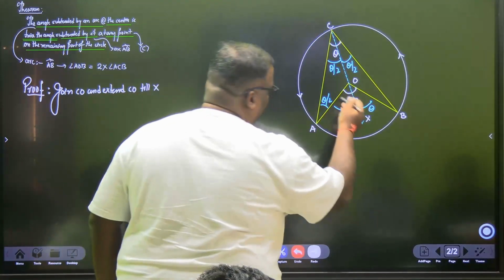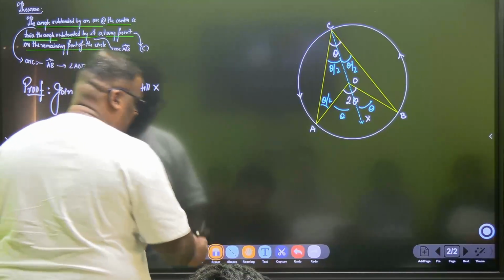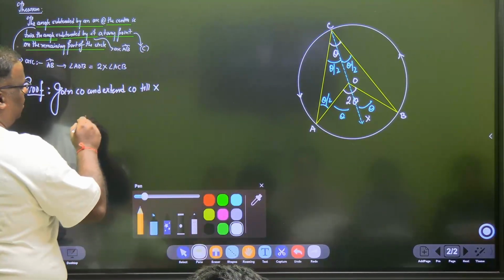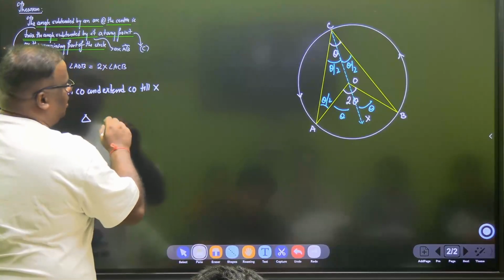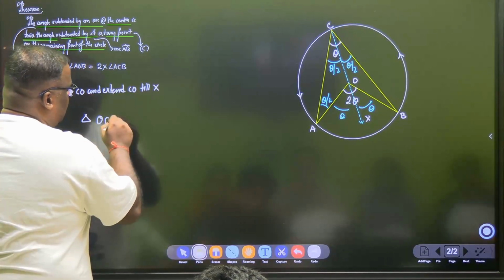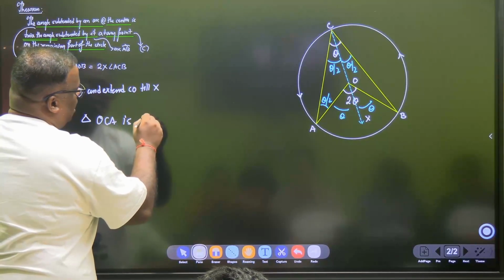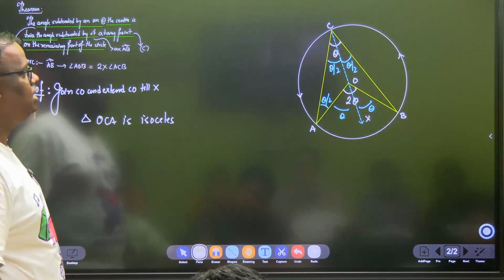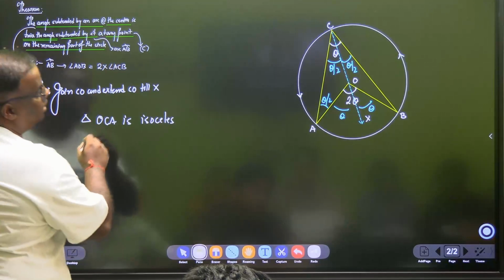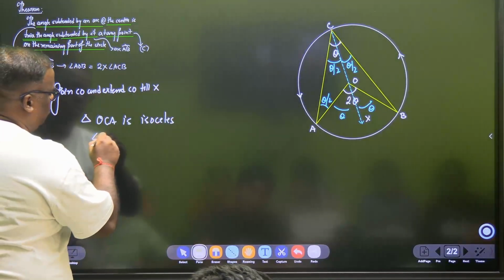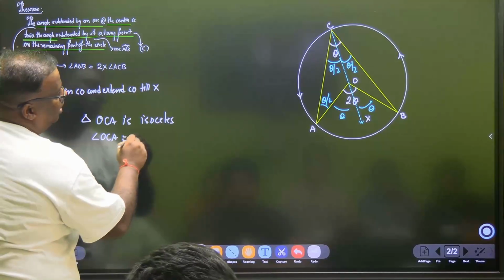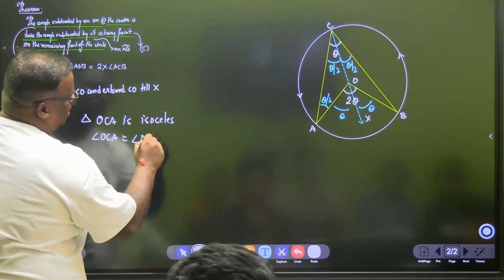Let us see how this proof comes up. Can I say, children, that triangle OCA is isosceles? Can I say that this is isosceles? If that be the case, then angle OCA should be equal to angle OAC.